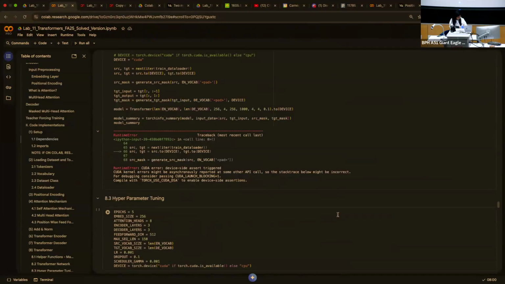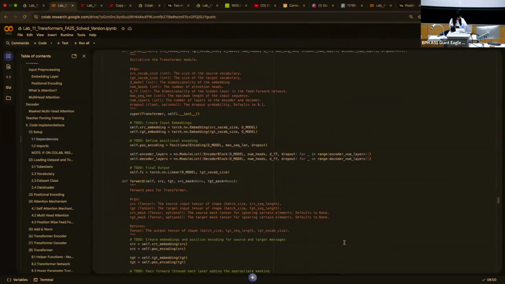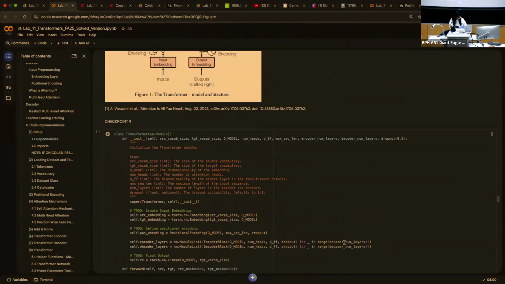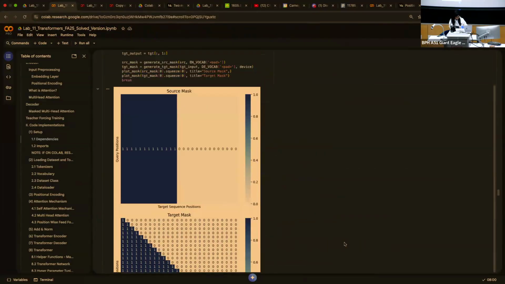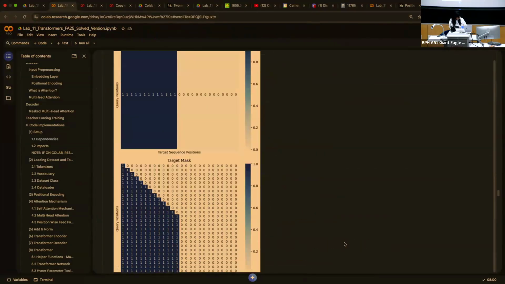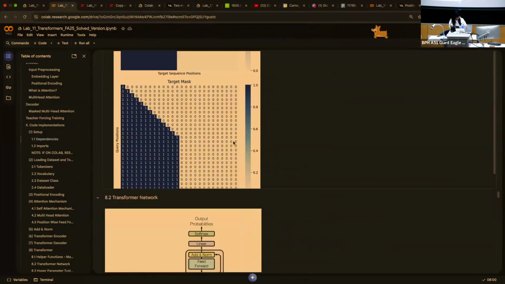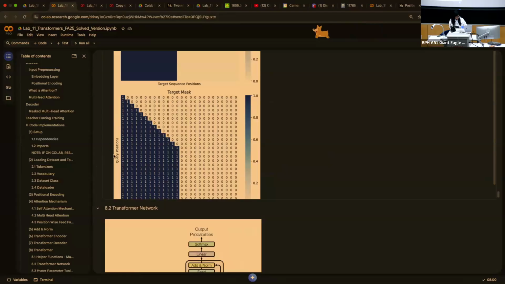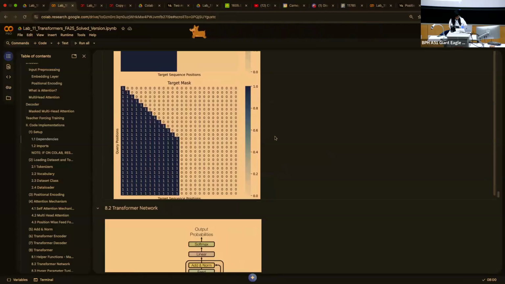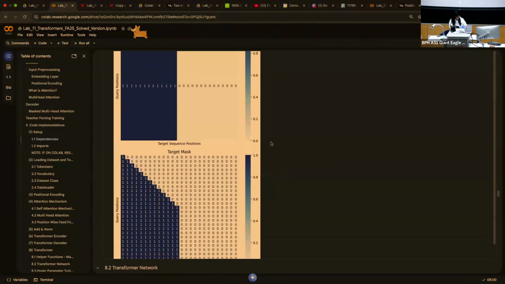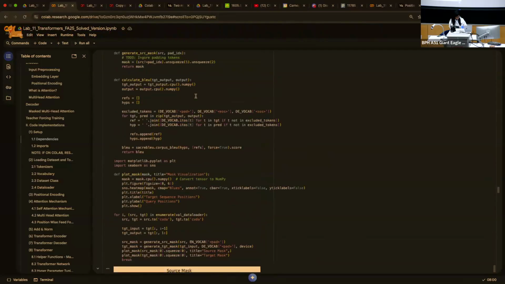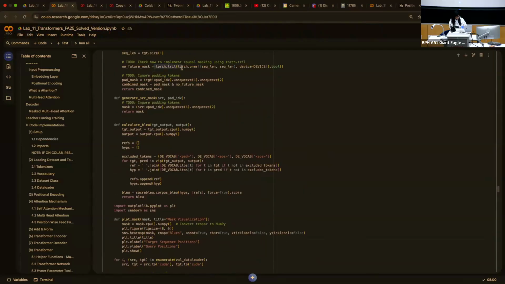Okay, I don't have an image for that right now, but oh, okay. Here it is. So this is your source mask, and this is how your target mask will look. So this was done basically by using this torch.tril function.